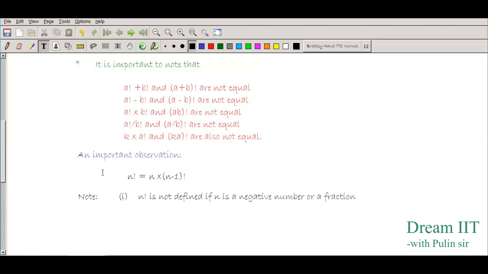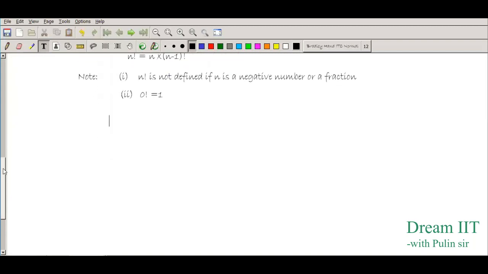Right? If it is a negative number or a fraction, then it cannot be defined. This is number one. And the second one, we accept that 0 factorial we consider as 1. We'll get a proof of 0 factorial equal to 1 when we study permutations, and with the help of that formula we'll produce it.